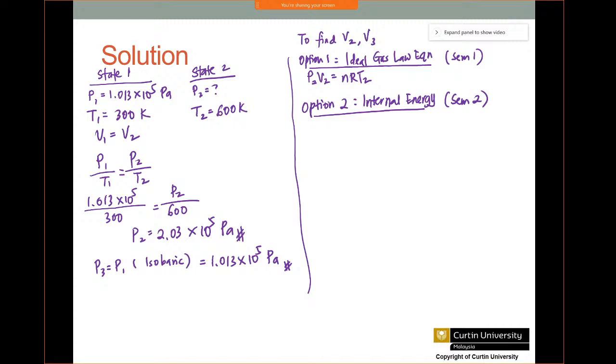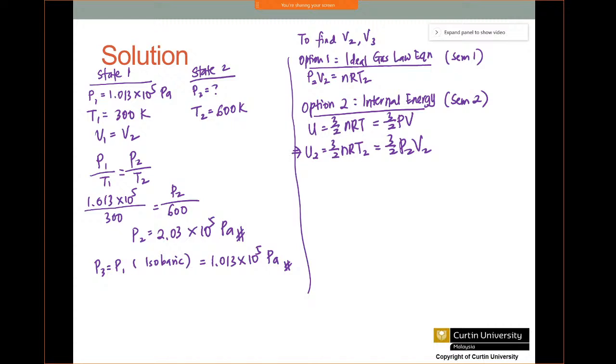Okay, so we have already known that internal energy equals 3 over 2 nRT, right? And is also equal to 3 over 2 PV. So in order to find our V2, we can find from U2. 3 over 2 nRT2 equals 3 over 2 P2 V2.